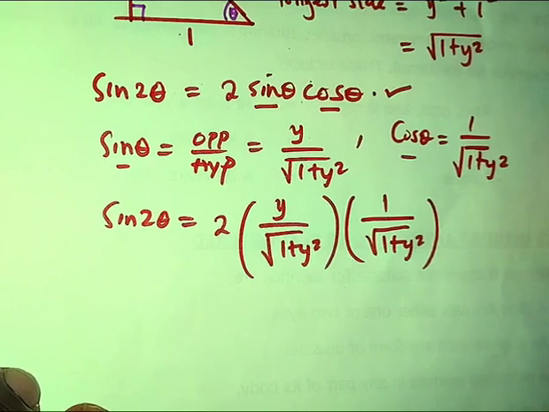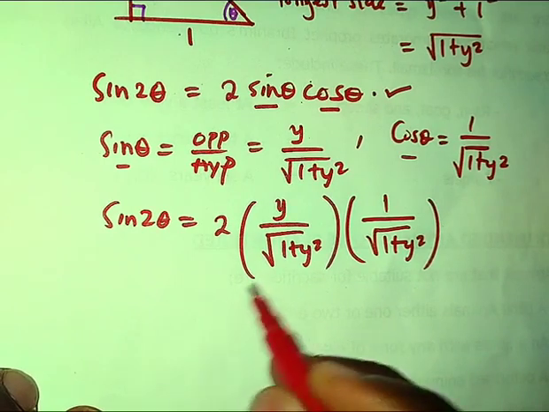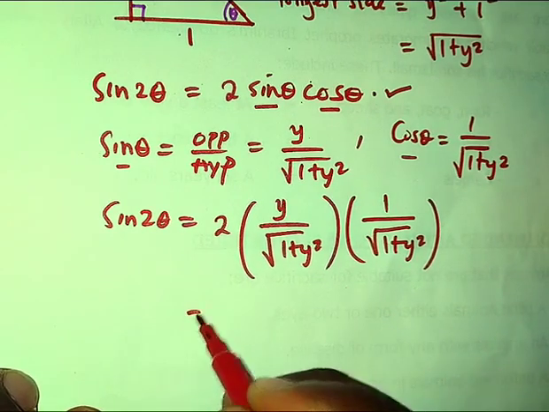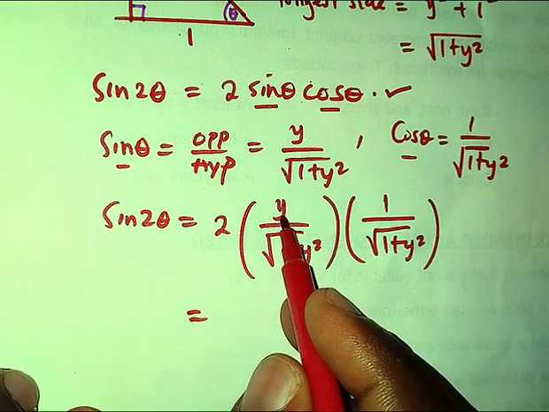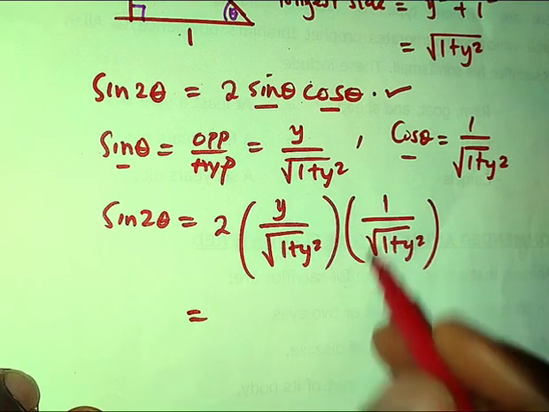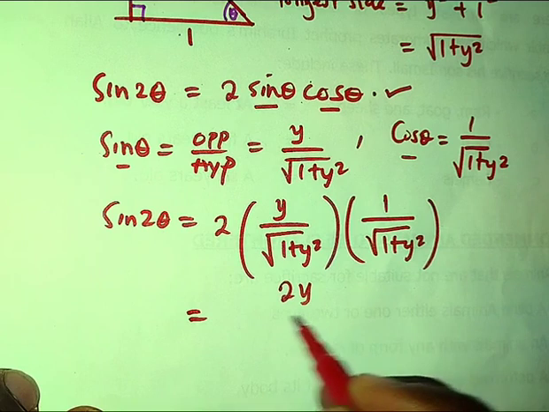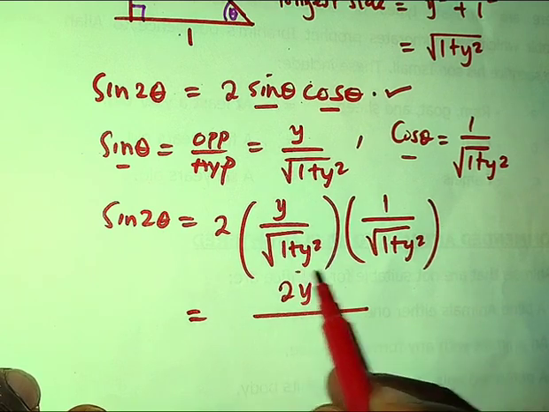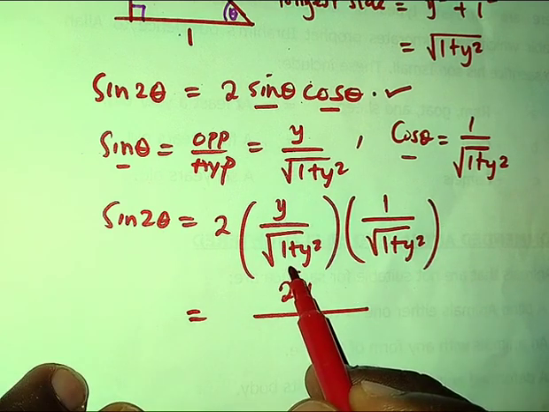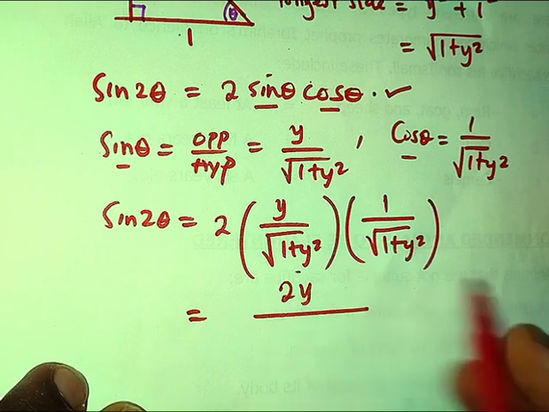Now from here we can have 2 multiplied by y multiplied by 1, and I'm going to be having 2y over the denominator. When you look at the denominator, you can see that the denominators are the same thing.